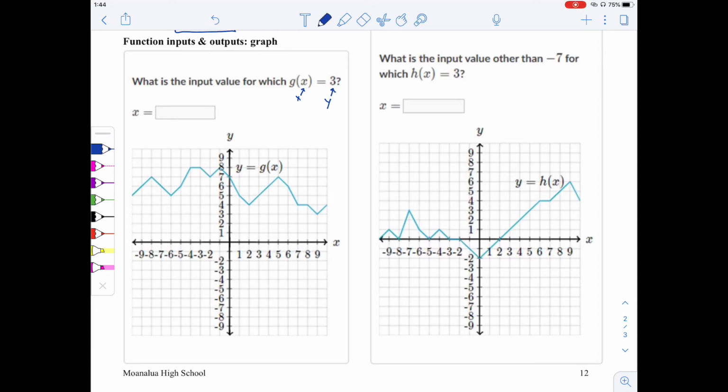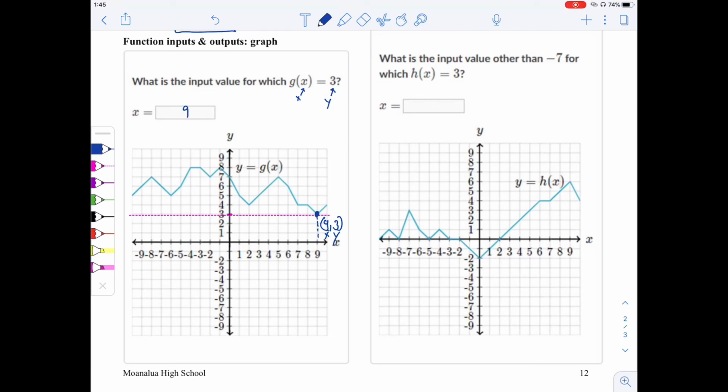So if it tells you what the y is, 3, we go on our graph and we look at when the y is 3. We just look all the way across and we see it's going to intersect at this point. And this point is when x is 9. So 9, 3. So it gave us an answer of 3. The x value is 9. So x is 9. That's it.